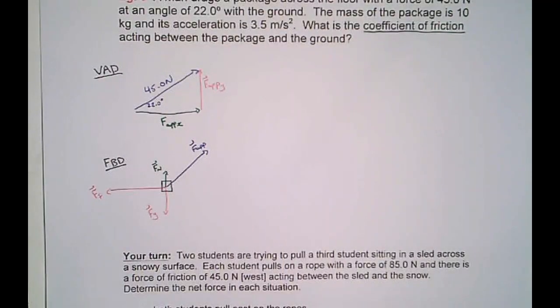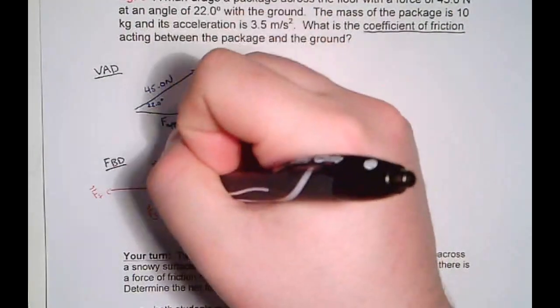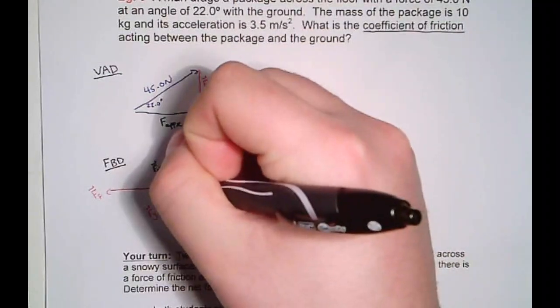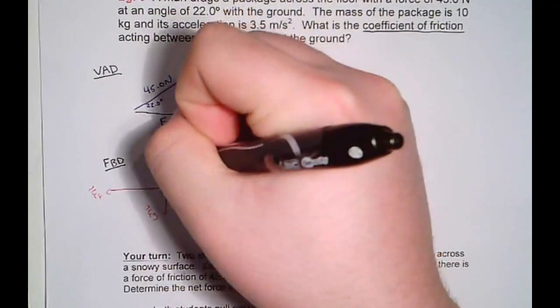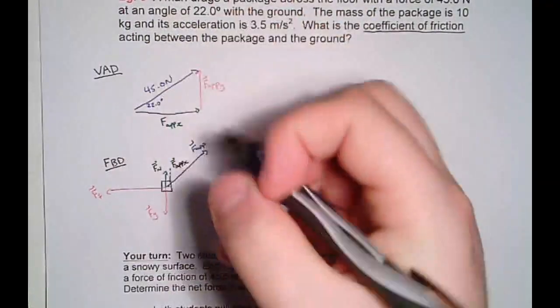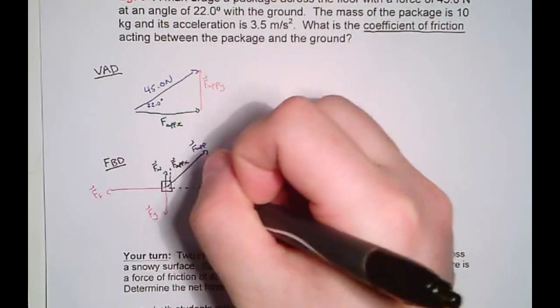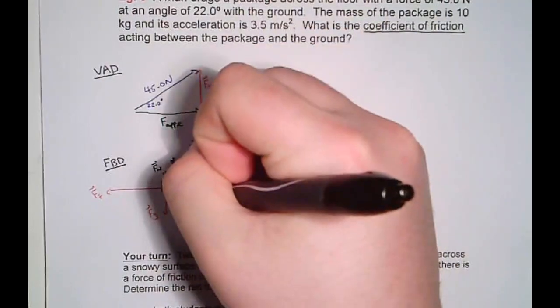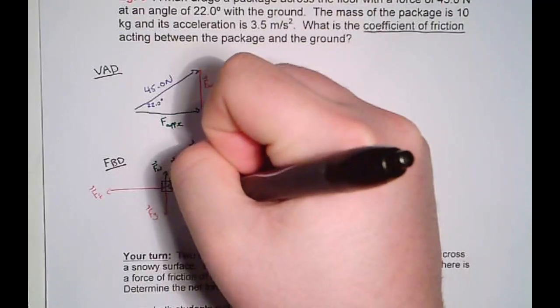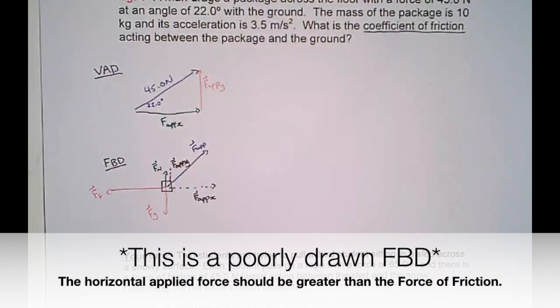Now remember, we can take this applied force and instead of writing it this way, we can separate it into its force applied in the y direction up here, and the force applied in the x direction horizontally.